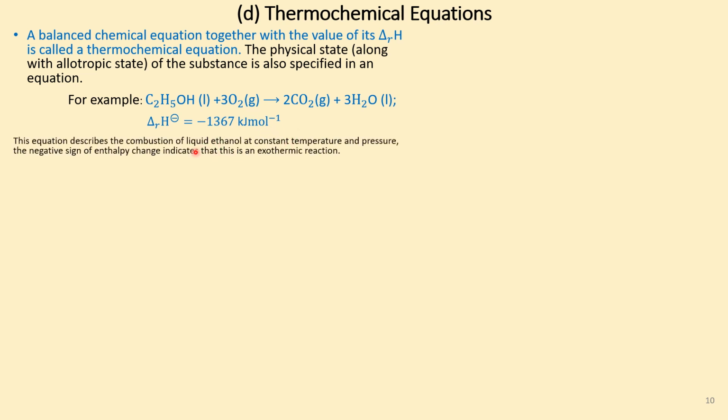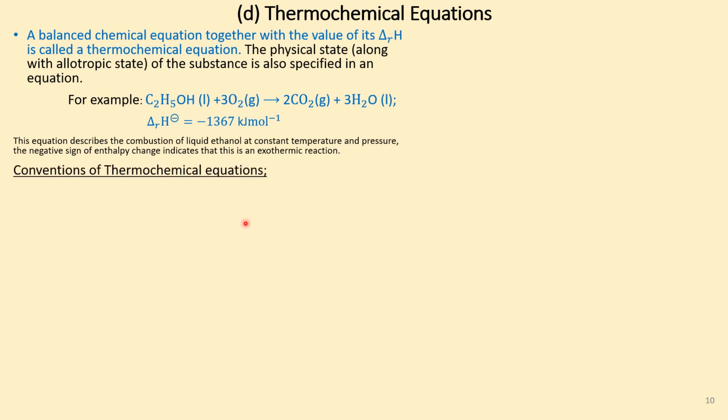This equation describes the combustion of liquid ethanol at constant temperature and pressure, and the negative sign of delta rH° indicates that this is an exothermic reaction.